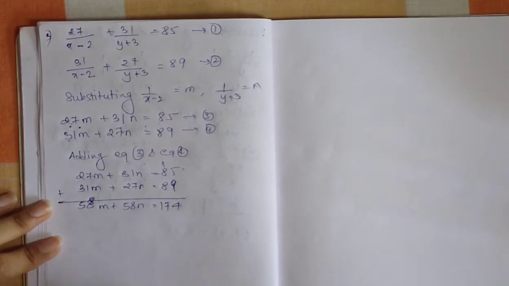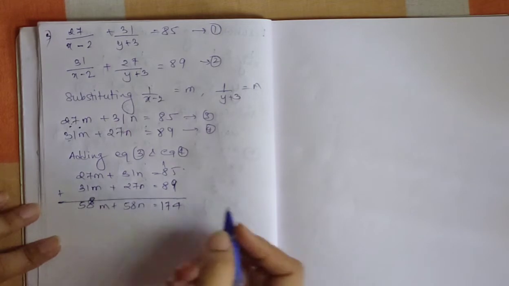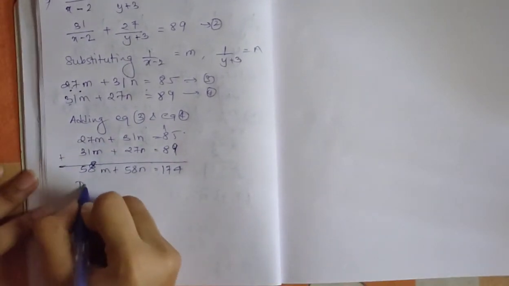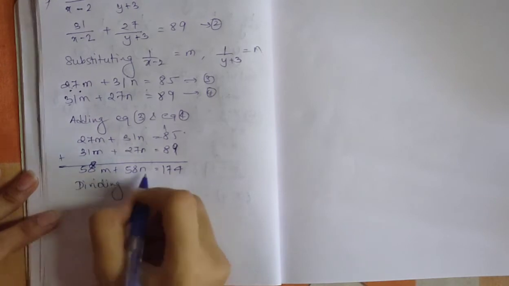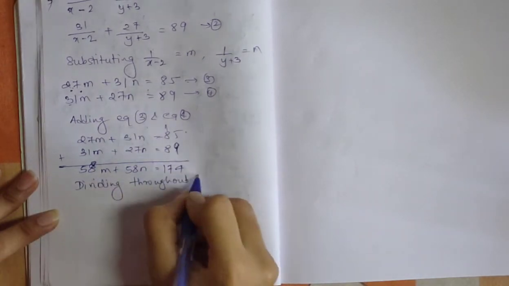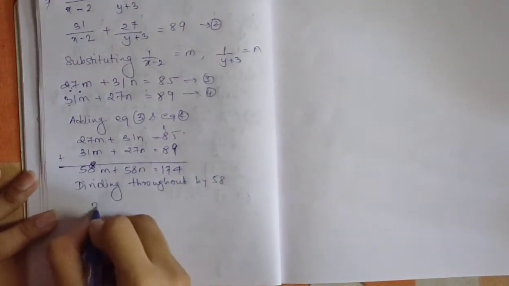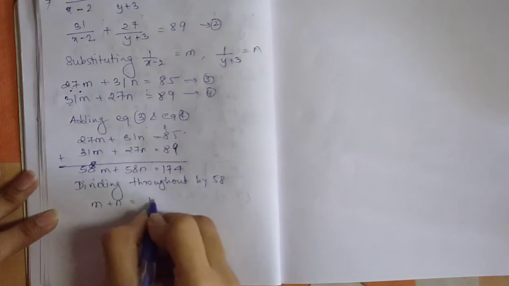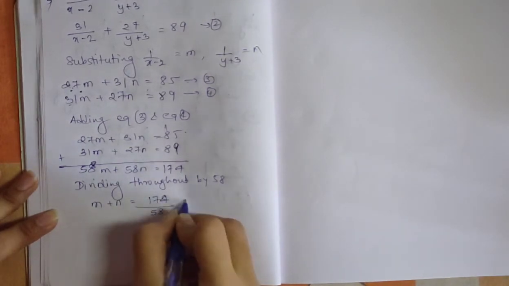Now what you can do is divide this equation throughout by 58. So let's do that. Dividing throughout by 58. So what is it? m plus n is equal to 174 divided by 58.